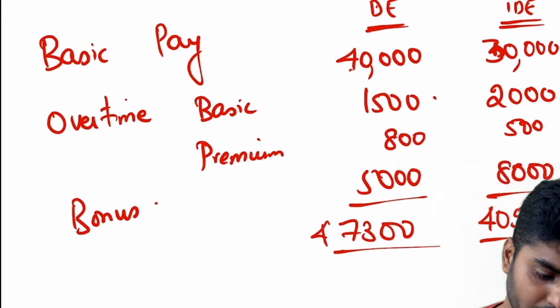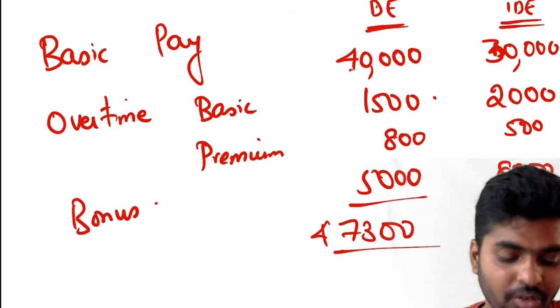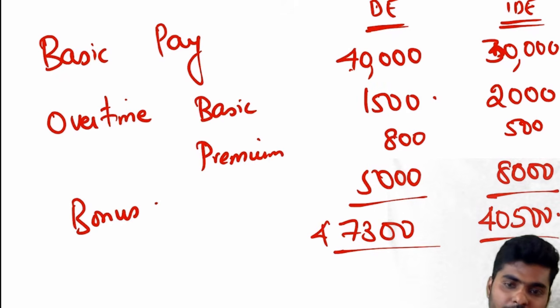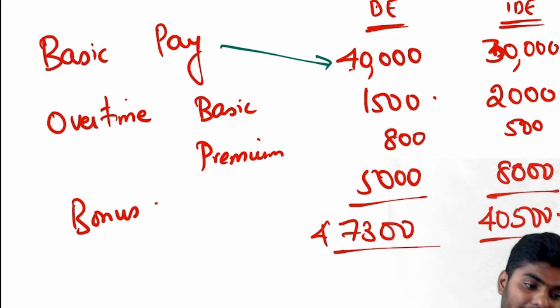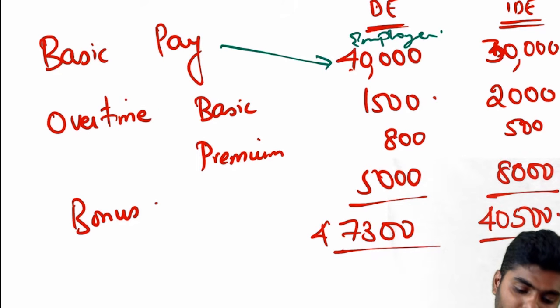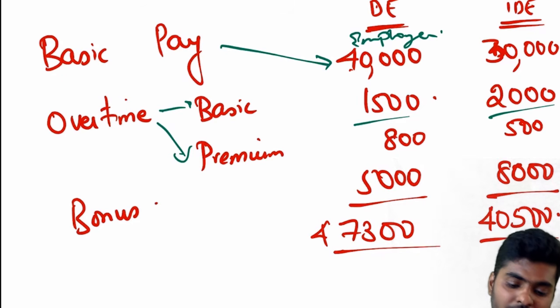Now, I want you guys to identify which of these are direct costs and which of these are indirect costs. This is your question. Again, I'm saying basic pay for a direct employee, and an indirect employee: 40,000, 30,000. Overtime, I told you basic pay is what they would have paid him for general work: 1,500 and 2,000, and the premium they're paying is 800 and 500.